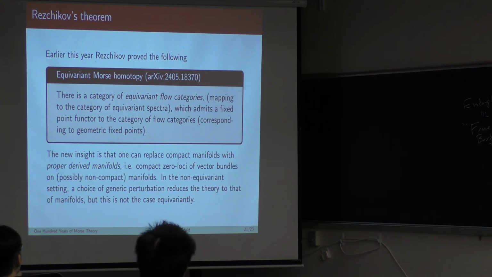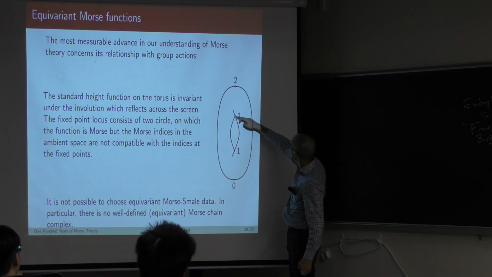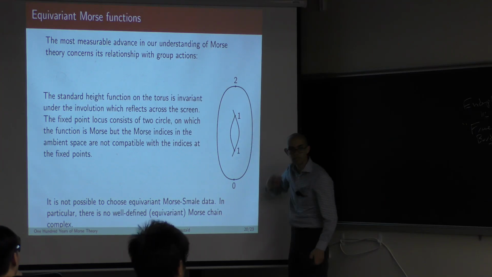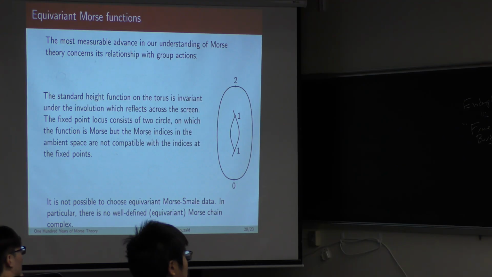The new insight is that this moduli space of gradient trajectories that go from here to here, that should have the wrong dimension, you should think of not just as a manifold, but actually as something virtual, or in these words, derived. It's like a manifold together with a vector bundle on it, and you want to cut out the zero locus, but the zero locus cannot be cut out transversely, so you just keep that additional information.